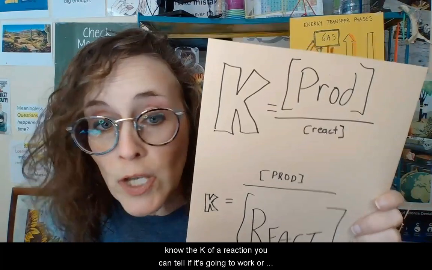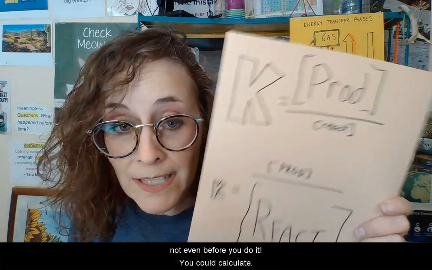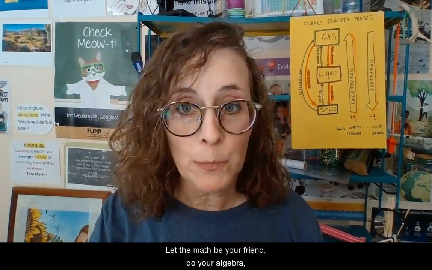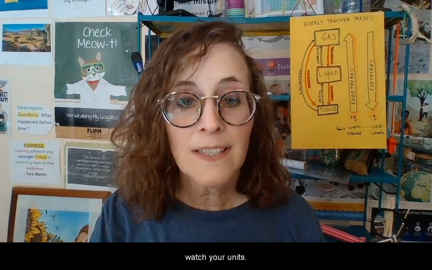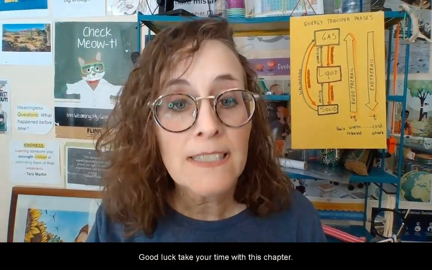So do you see how if you just know the K of a reaction, you can tell if it's going to work or not? Even before you do it, you could calculate. So let the math be your friend, do your algebra, watch your units, but not with K, because K doesn't have any units. Okay? Good luck. Take your time with this chapter. Bye.